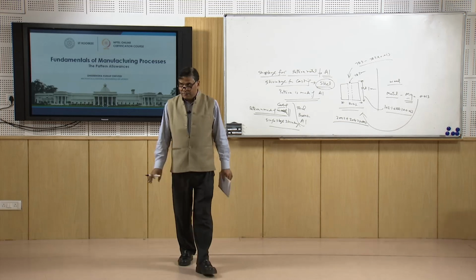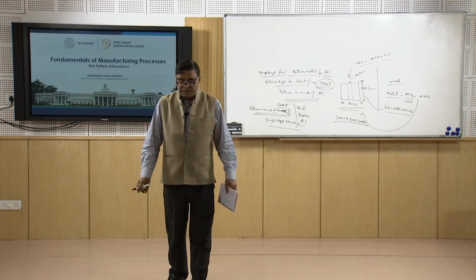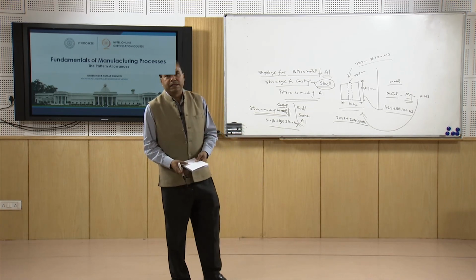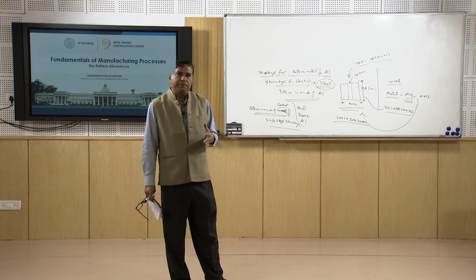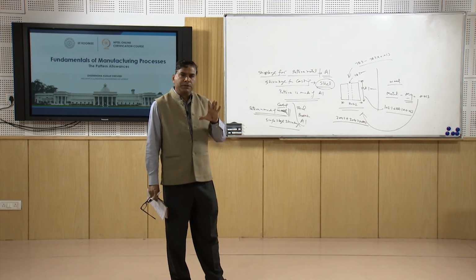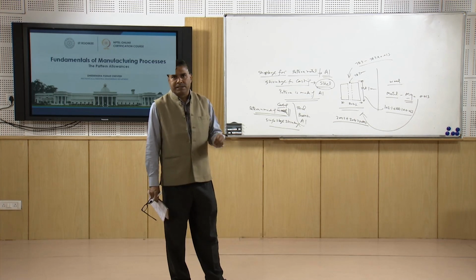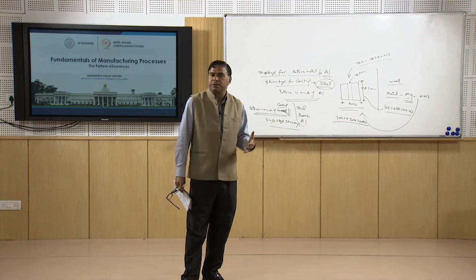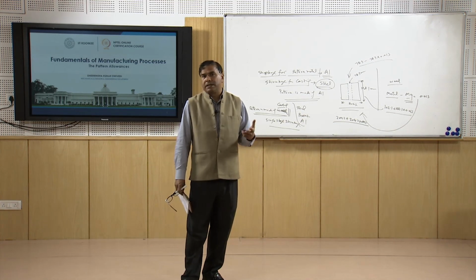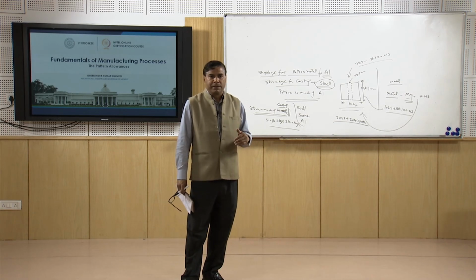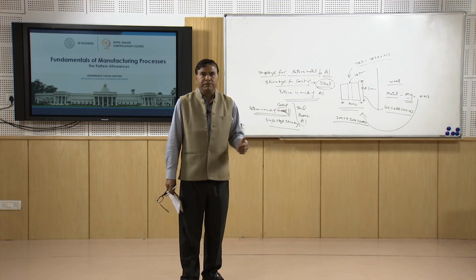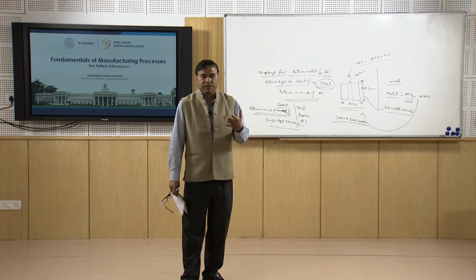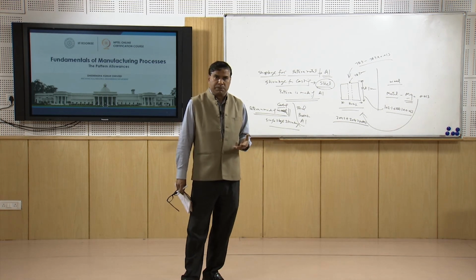So, here now I will conclude the presentation. In this presentation I have talked about basically the shrinkage allowance, and we have seen that if the pattern is to be made of the wood, then we need to provide the one stage shrinkage allowance considering the metal of the casting, and if the pattern is to be made of the metal, then two stage shrinkage is provided, wherein first of all we consider the shrinkage of the metal of the pattern, and once the dimensions are identified, thereafter we consider the shrinkage of the metal of the castings which is to be made.